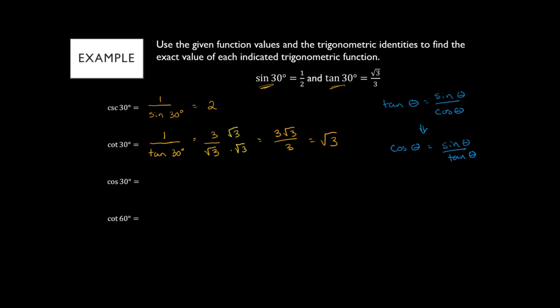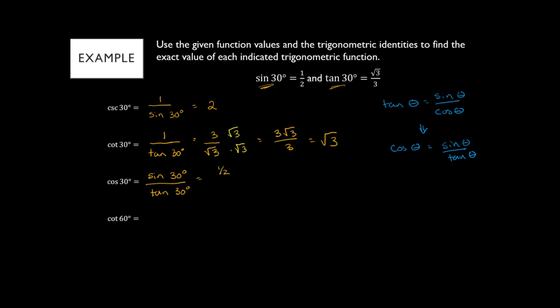This is probably the harder way to do it rather than just knowing the 30, 60, 90 triangle, but this shows you how you can use these trig identities. So cosine of 30 degrees will be equal to sine of 30 degrees divided by tangent of 30 degrees.